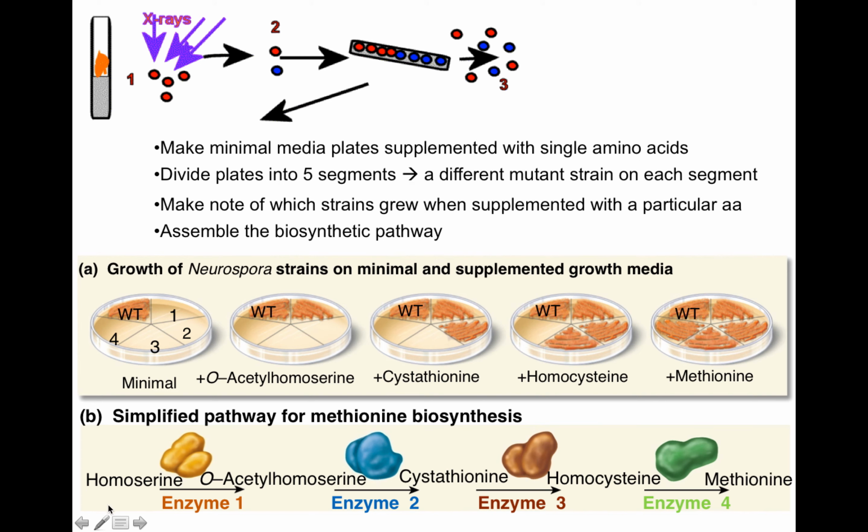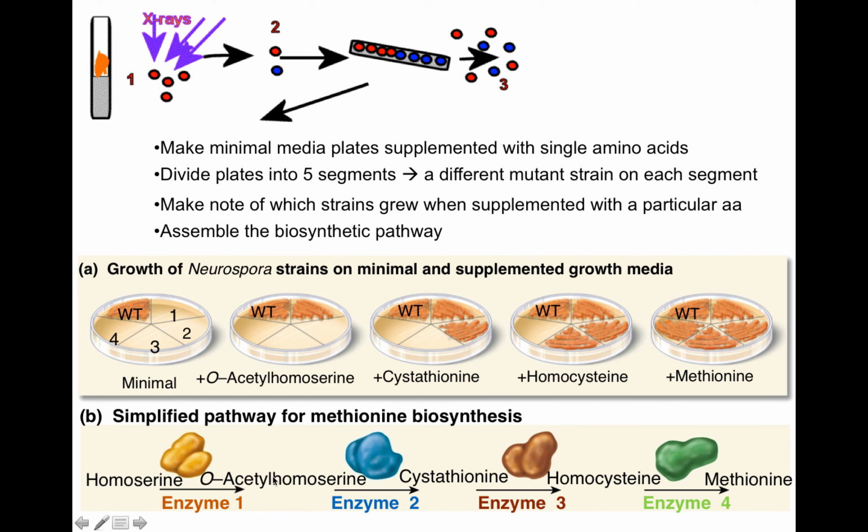If homoserine was the initial precursor to the entire pathway, when they added acetylhomoserine, strain number 1 grew, but not strains number 2, 3, and 4. So they concluded that strain number 1 had a defect in enzyme number 1.